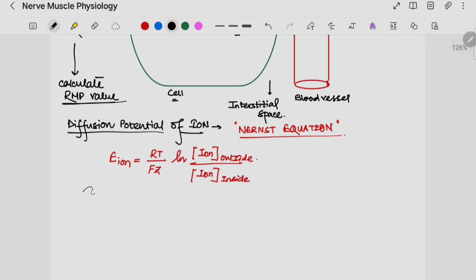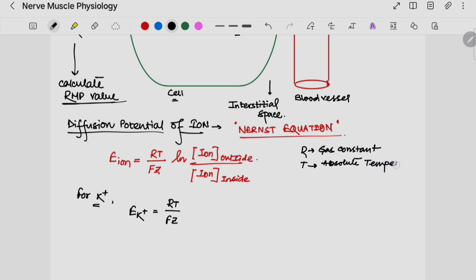For potassium ion, EK plus equal to RT by Fz. What is R? R is the gas constant. What is T? T is the absolute temperature. What is F? F is Faraday. And what is Z? Z is the valency of the ion.